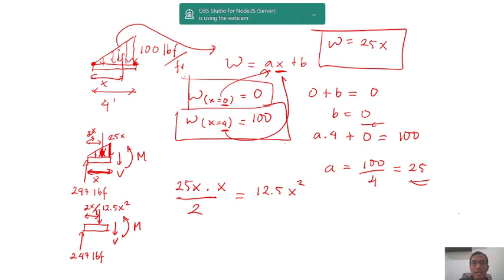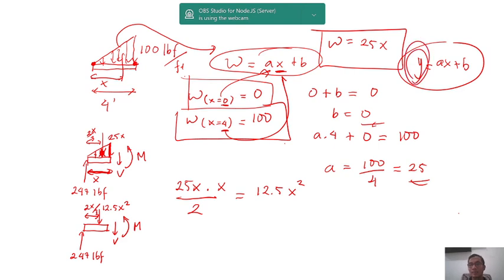Okay, A and B, this one is a linear equation, just the same as if you have a linear equation, y is equal to ax plus b. My y here is not y, but w, because it represents the distributed force. In order to represent a linear equation, we have two constants, a and b.